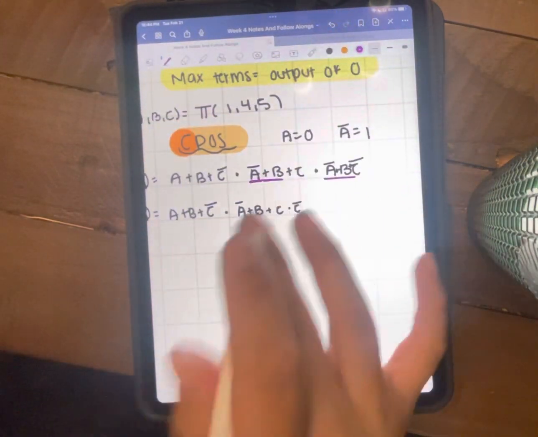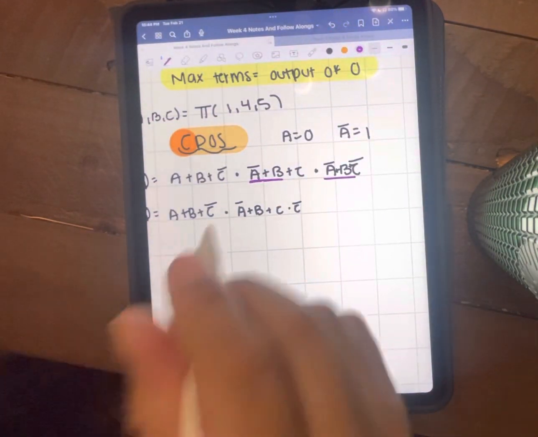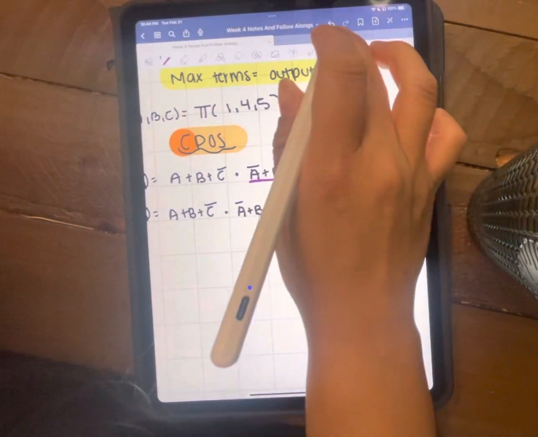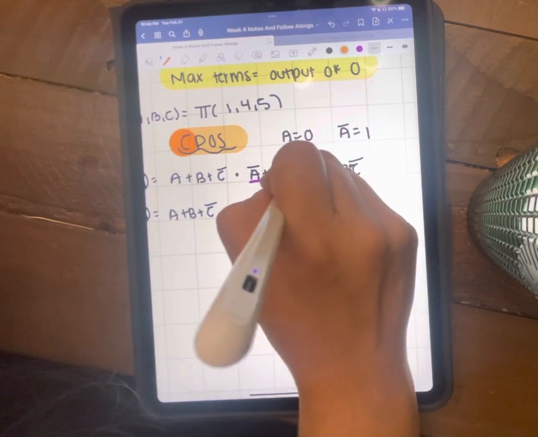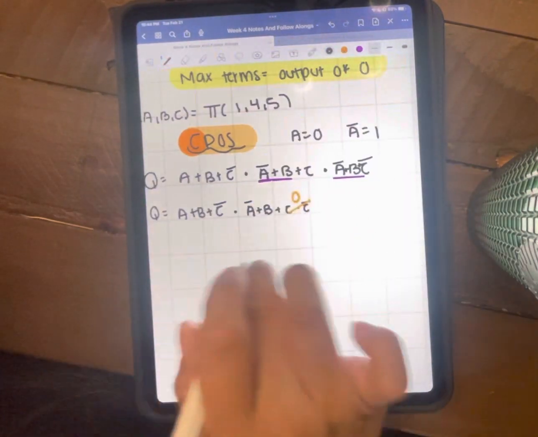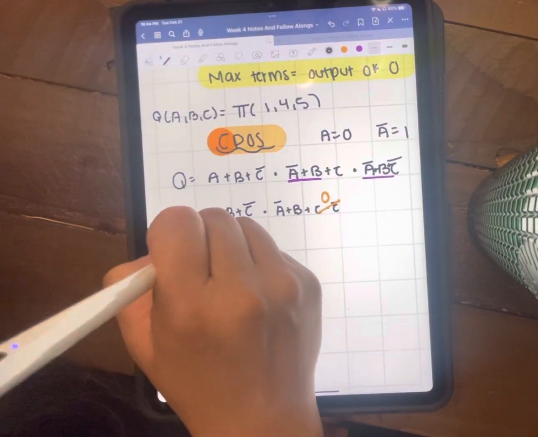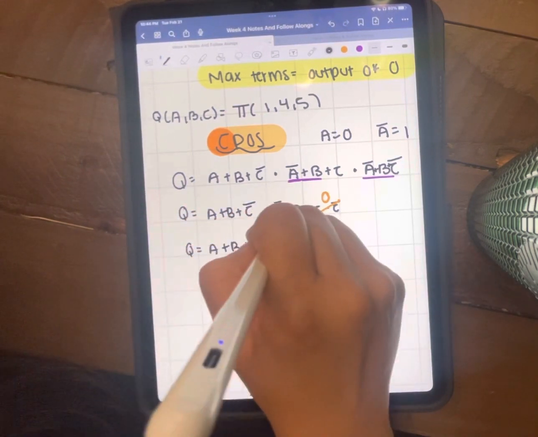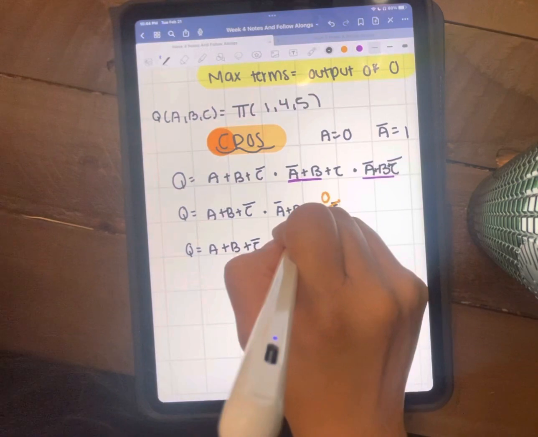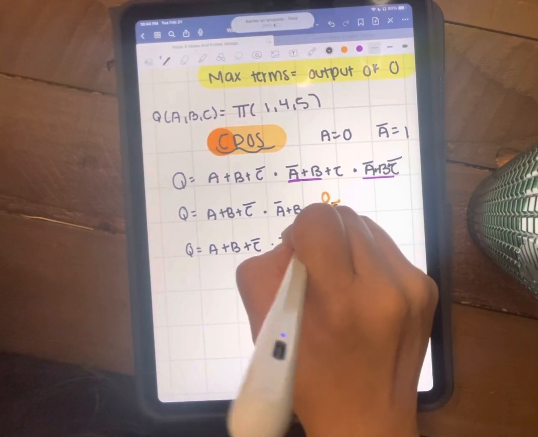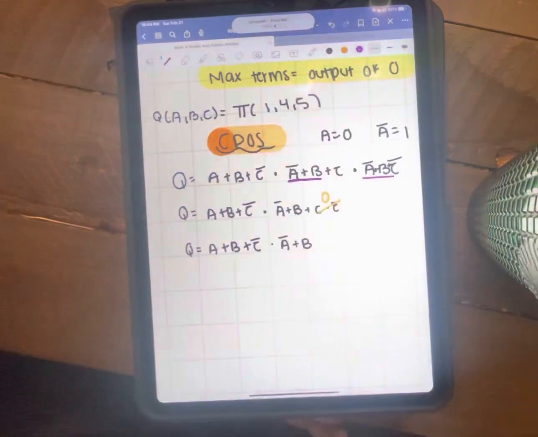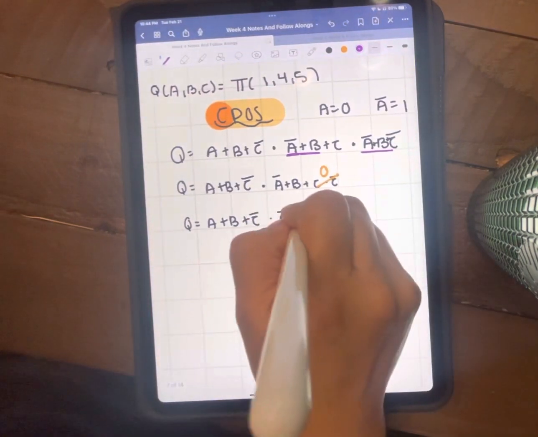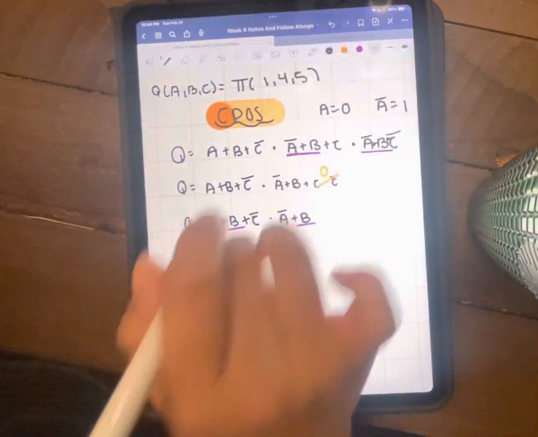So any literal ANDed with its complement just equals 0. We're going to drop everything else. And then again, we're going to be looking for common values. I see this B that we can do.